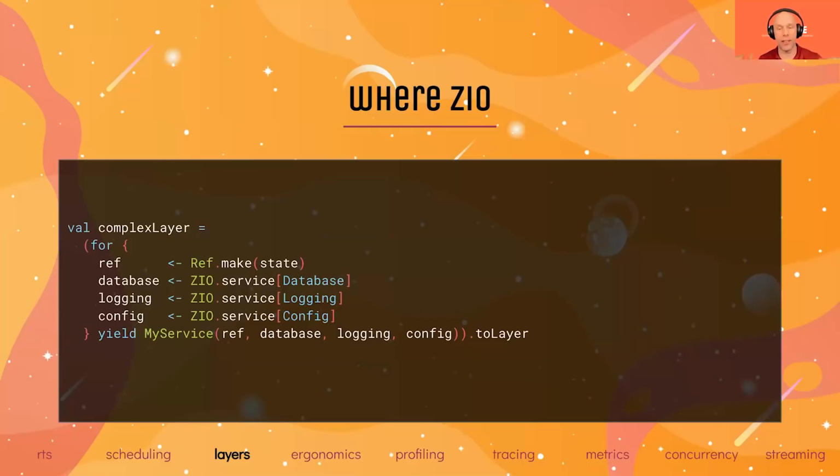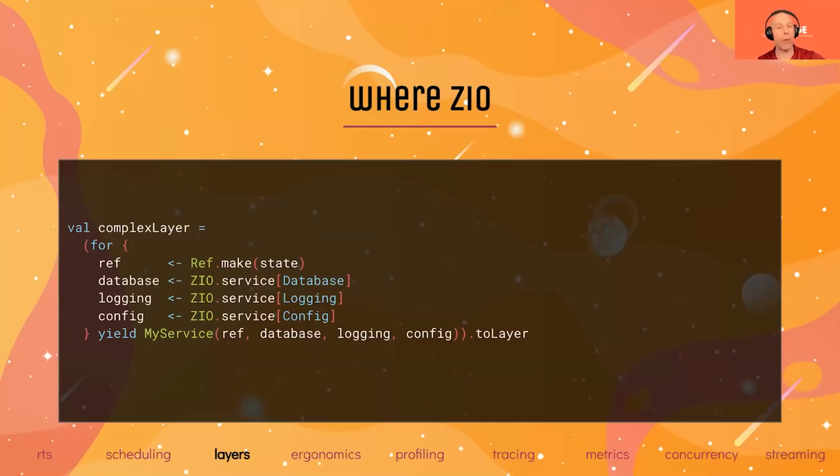And what it is, in a for comprehension, you just place all of the services that your layer needs. So for example, you need database and you need logging and you need config. So you just pull them all out using ZIO.service in the for comprehension, and you pass them as arguments to your constructor. That's it. And then once you do that in your for comprehension, you call toLayer on it.